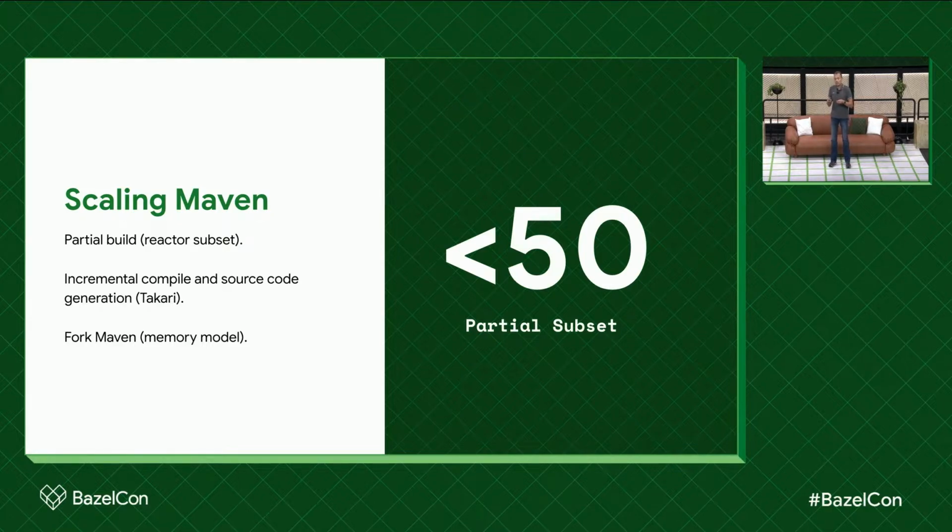But we know exactly, through enforcement, which Maven plugins we're using. So we were able to tweak the memory model of Maven. Maven has everything in a POM XML file, and XML is by definition very verbose.